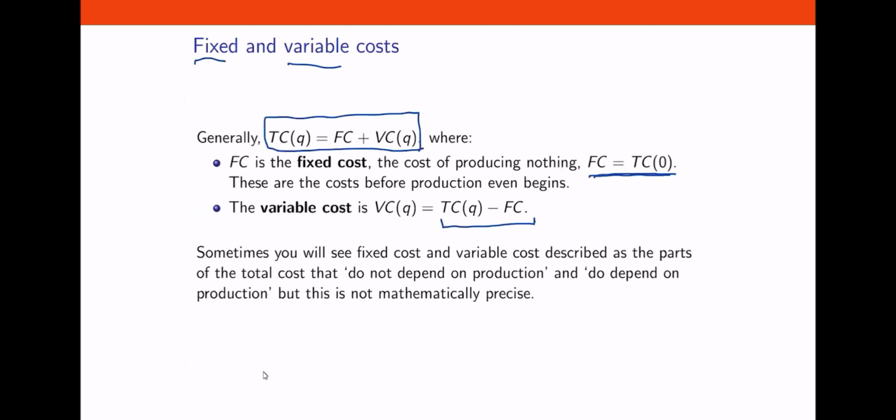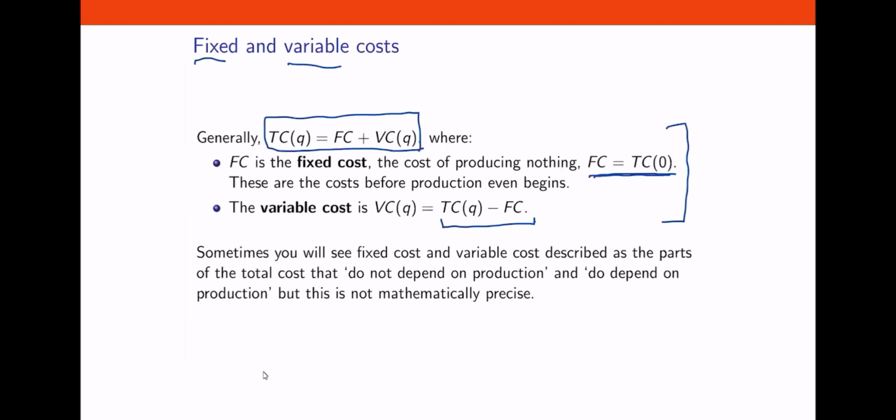If you read textbooks in economics, which are perhaps not so mathematical, you might see fixed cost described as the part of the total cost function that doesn't depend on production. And the variable cost is the part of the total cost that does depend on production. But that's a little bit vague mathematically. So for our purposes, these are the definitions of these important ideas that we are going to use.